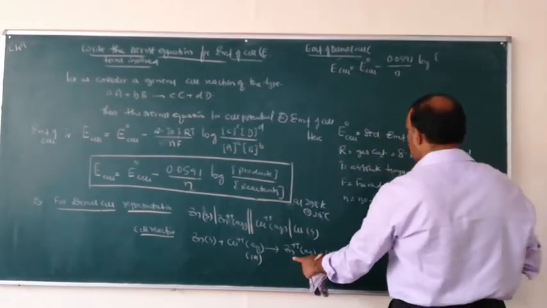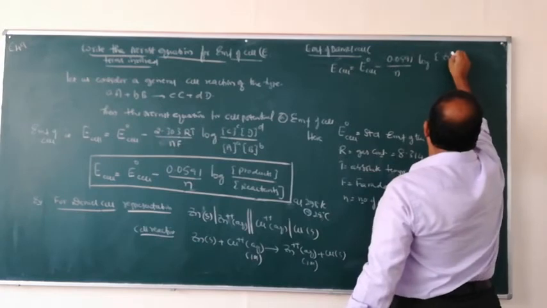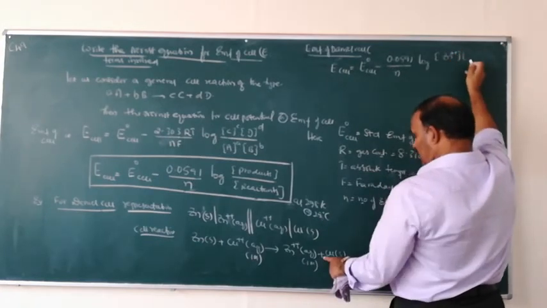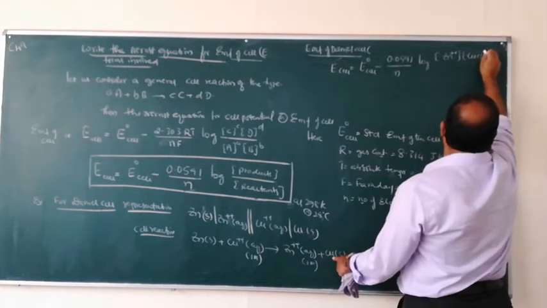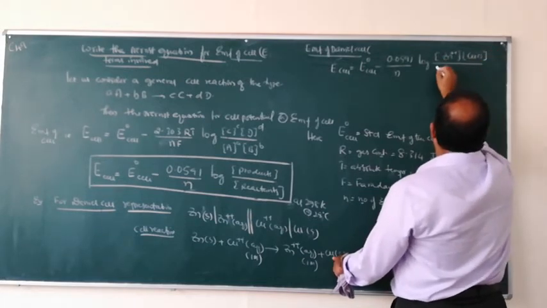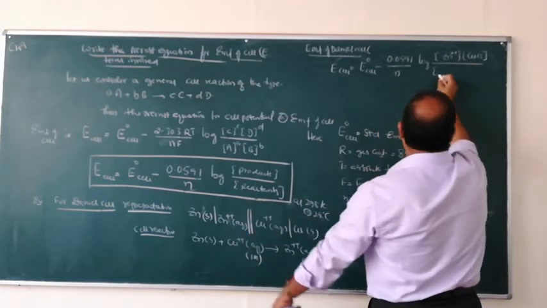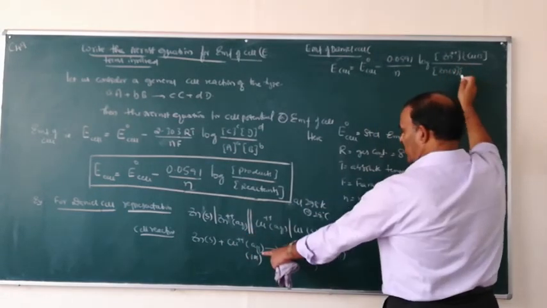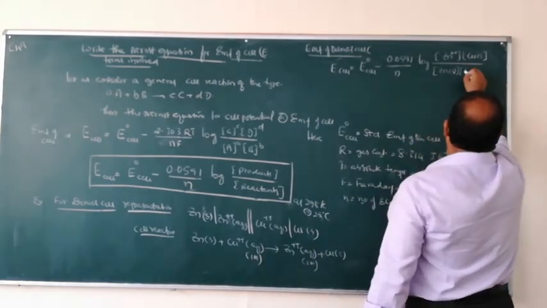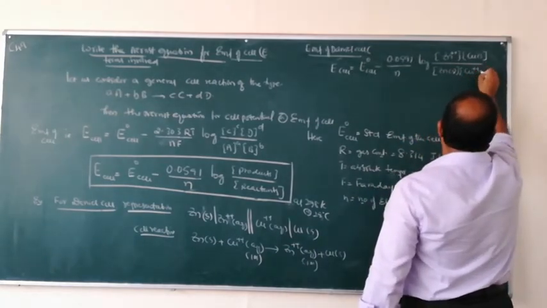What are the products here? Zn2+ into concentration of Cu(s) divided by concentration of reactants, Zn(s) into concentration of Cu2+(aq).